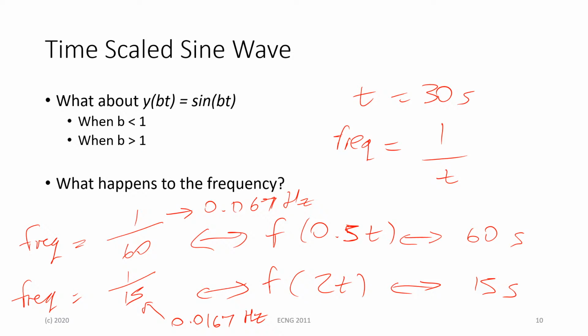If our signal is compressed, meaning b is more than 1, we occupy less time, so we get a higher frequency as well. So for b less than 1, the frequency is going to be lower. Oh yes, my calculations actually are off. Sorry.